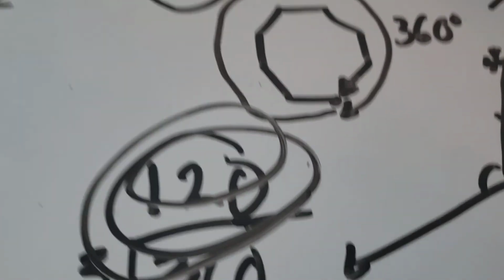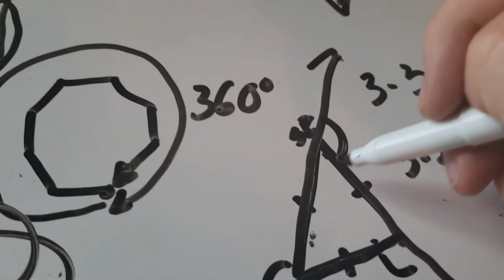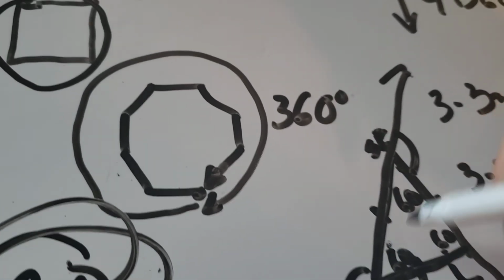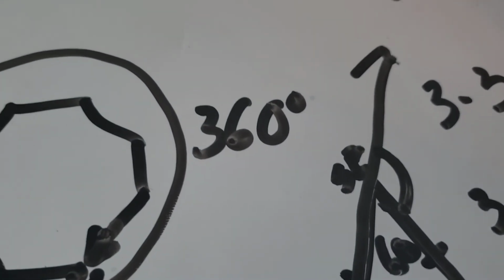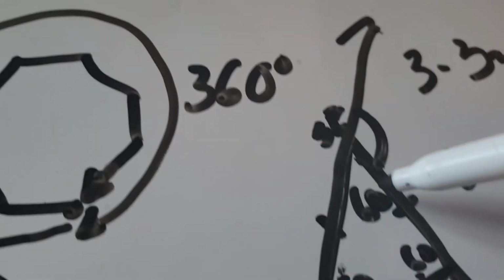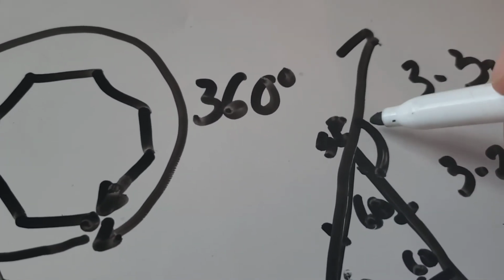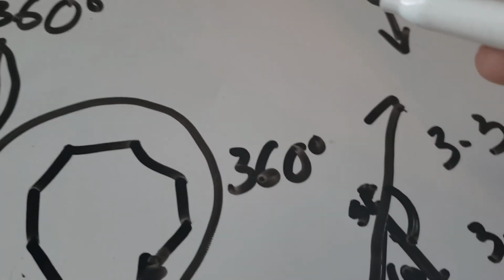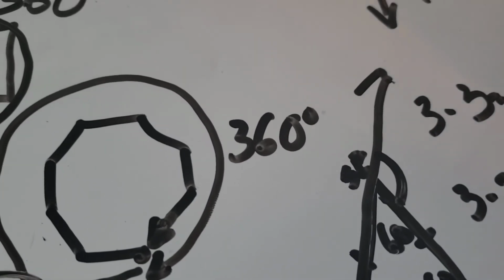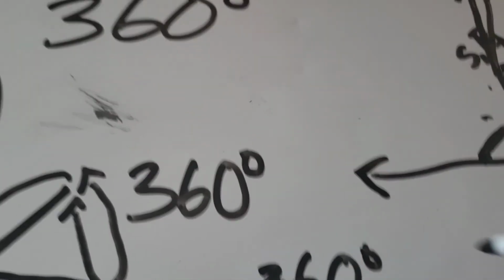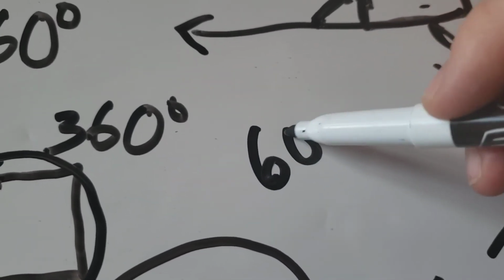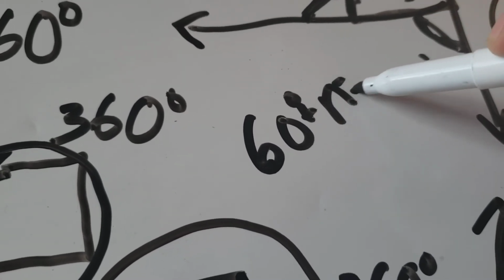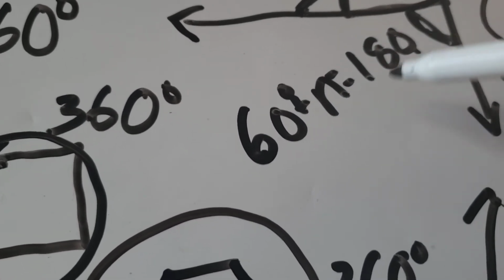I want to show you another way to prove that. We just said that each interior angle is 60 degrees. Notice, let's just focus up here. This interior angle right here plus this exterior angle is a straight line. Straight lines add up to 180. So the interior angle, which is 60 degrees, plus our exterior angle equals 180 degrees.